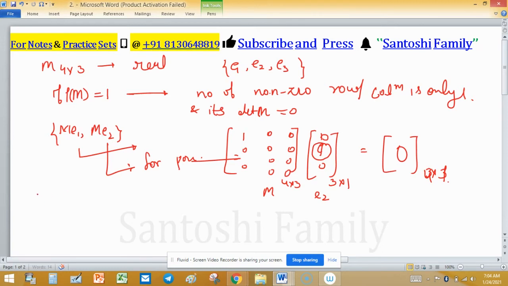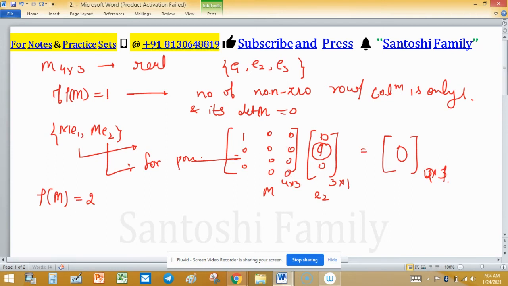Now come to the second option. If rank of M is equal to 2, then is this set linearly independent or not? Rank 2 means we can make 2 entries 0 and 2 entries non-zero.